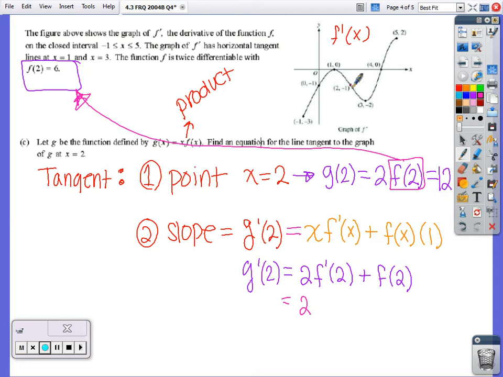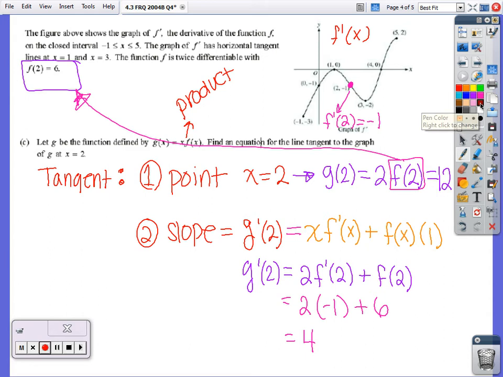If we look up at the graph of f prime of x, the point 2 comma negative 1 says that f prime of 2 is negative 1, because we're on the f prime graph. So we got negative 1 here. f of 2 we just found was 6 from the given information. So g prime of 2 actually gives us 4.